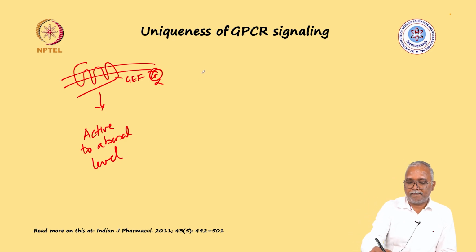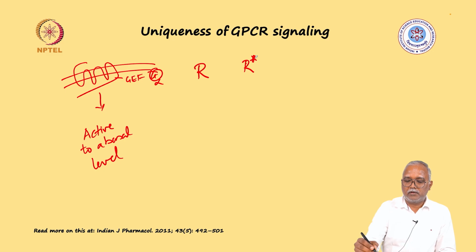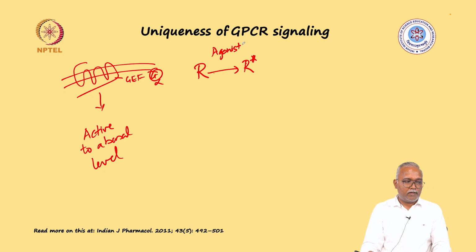So if I say the receptor as R and activated receptor as R star, your agonist will ensure that your R goes to R star, and in presence of antagonist, basically if you compete out agonist with antagonist, it will be taking it back to the inactive state of the receptor.